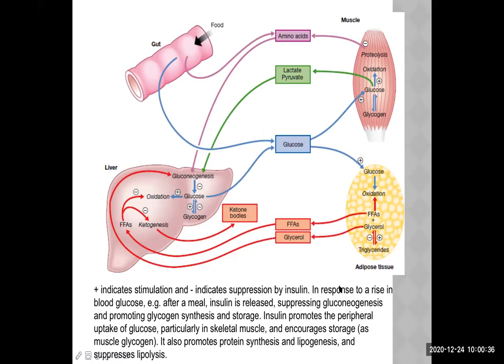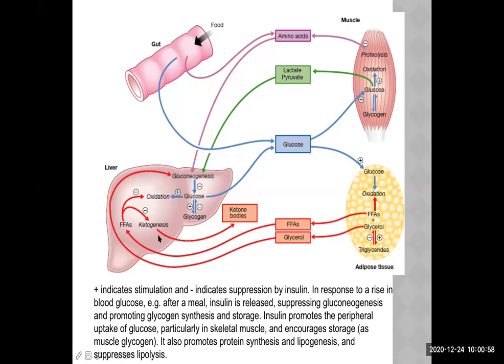So let's quickly go through it. See there in the liver, what is happening? The gluconeogenesis is suppressed by insulin. Look at the minus sign, suppressed. Whereas the conversion of glucose into glycogen, that is called glycogenesis, is stimulated by insulin.